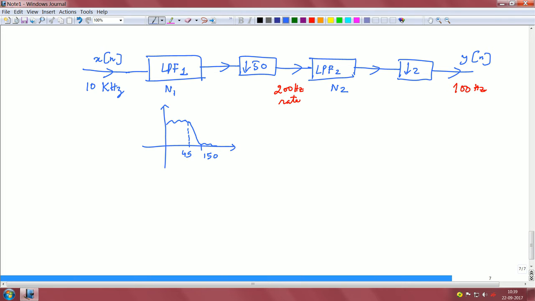Instead of having 45 to 50 in the original, I am making it 45 to 150, and this is as usual 45, is probably sharper, 45 to 50. Okay. So, this is some careful detail that you will have to note. So, here this is for LPF1, this is for LPF2.